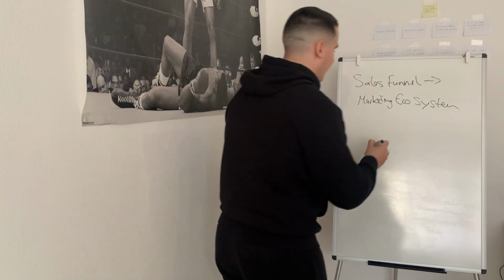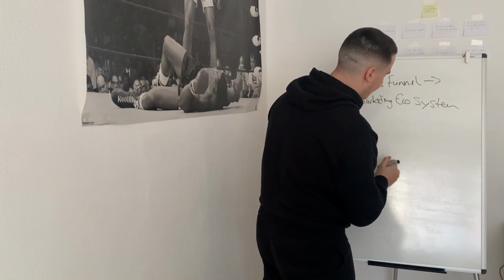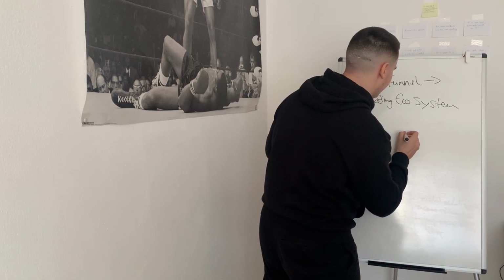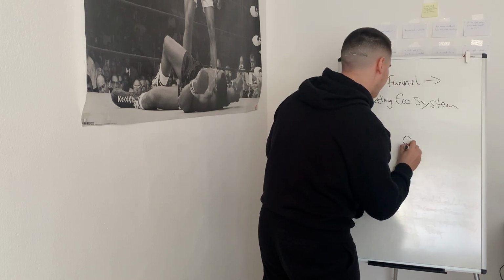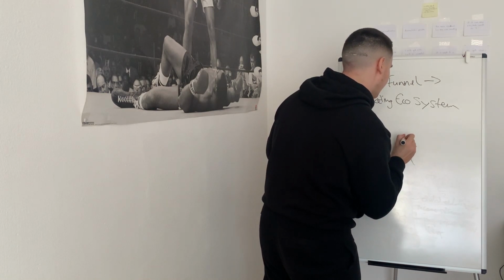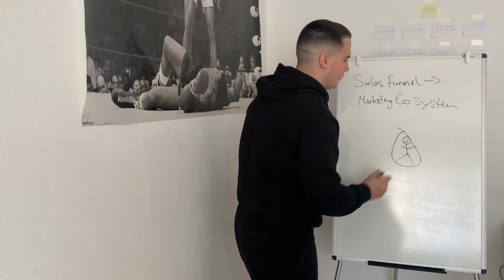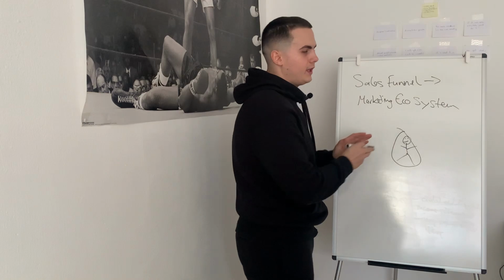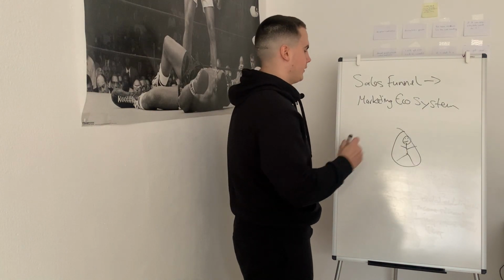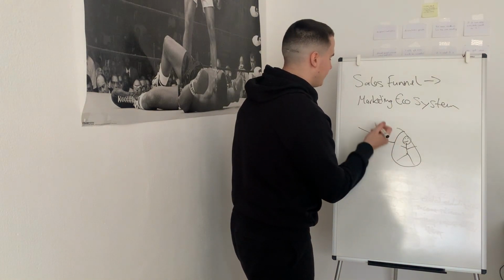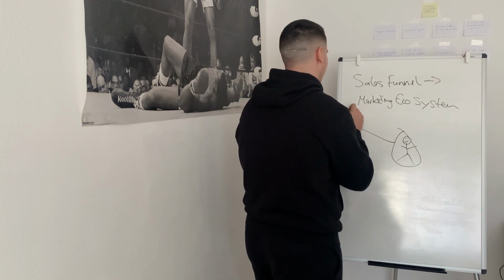What I mean by that is, right, I already touched on that, but let's just make it clear on the whiteboard, is we have our potential customer here, right? This is our potential customer. Now he's in the middle. We want to hit him from every angle, right? So if he's subscribed to our email list, great.